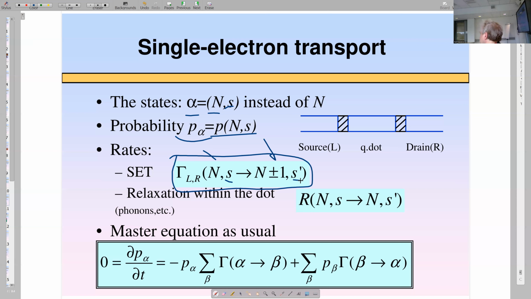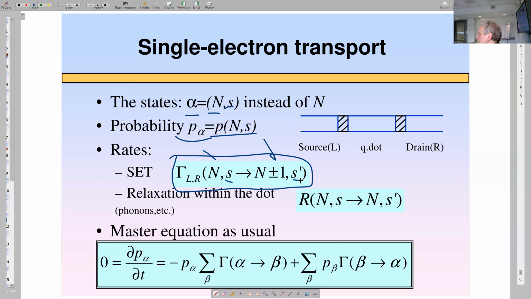In addition to this, there are rates which do not change the number of electrons. How come? Suppose the dot is in an excited state with an electron-hole pair.